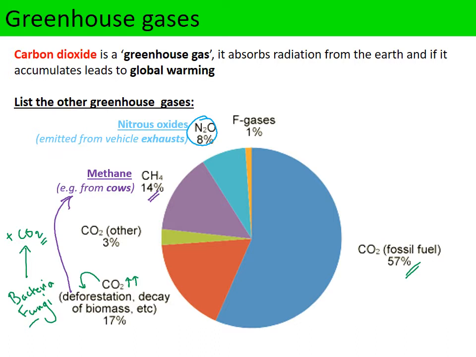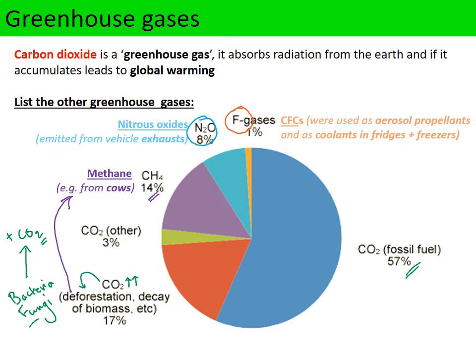One of the greenhouse gases is fluorinated gases in the atmosphere, and historically these are chlorofluorocarbons, or CFCs, and they were once used as aerosol propellants, as well as the coolants that we would find in fridges and freezers.